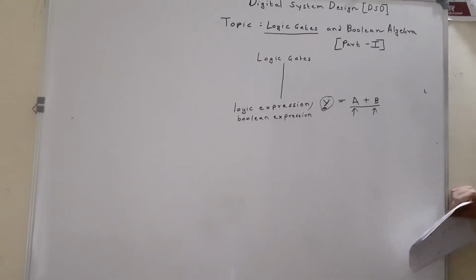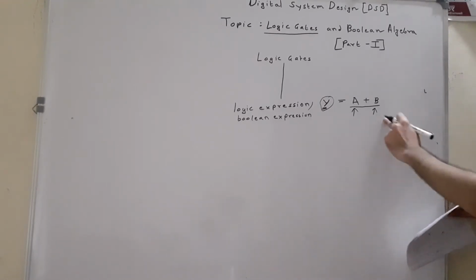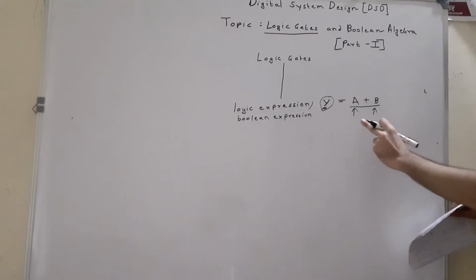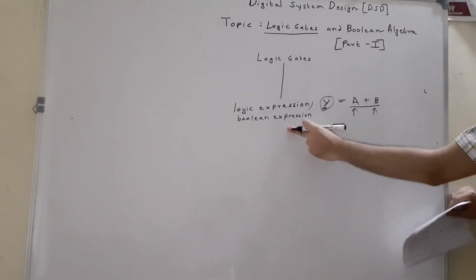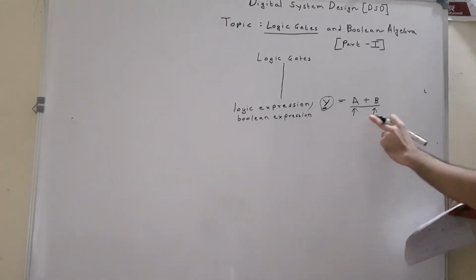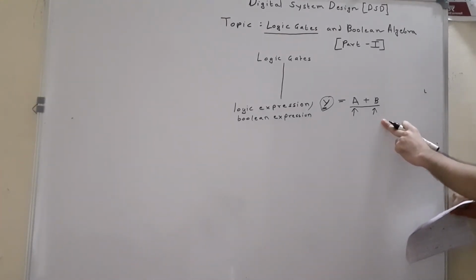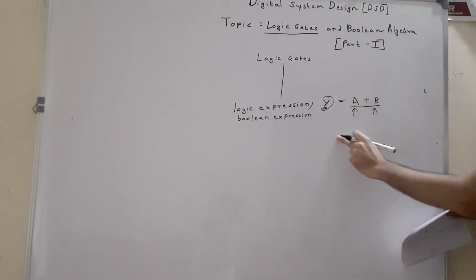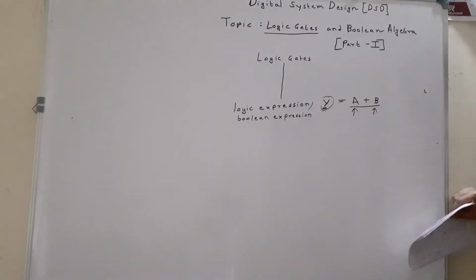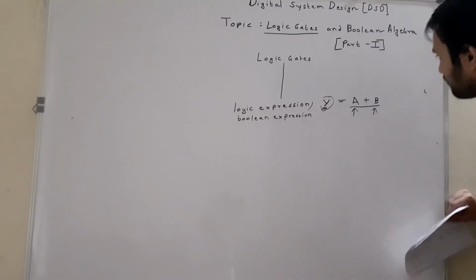So that definition we discussed earlier. Any basic circuit which is used to implement a logical expression or Boolean expression in practice is known as a logic gate.